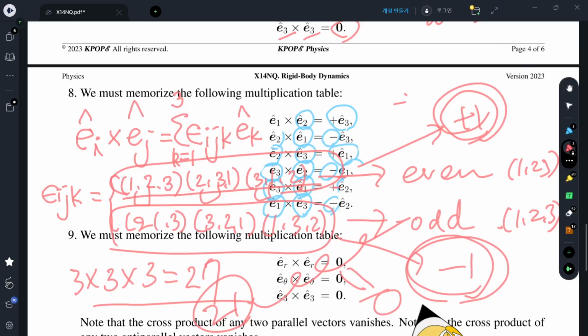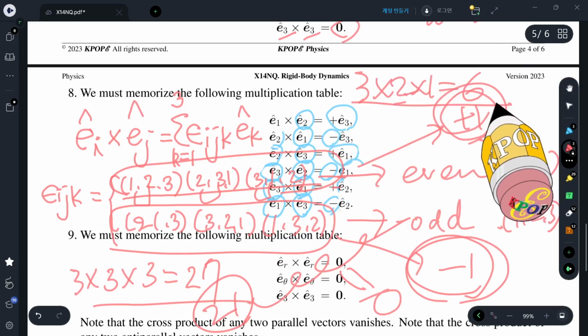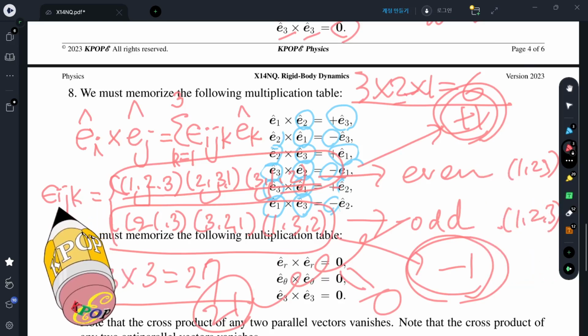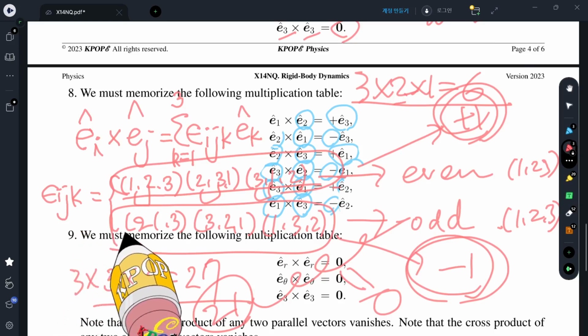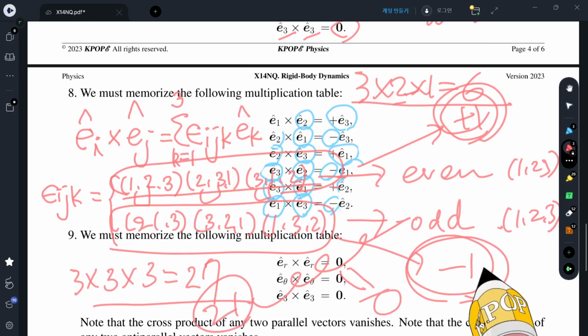Okay, so 3 times 2 times 1 is 6 permutations. Among the 6 permutations, we have 3 even permutations giving epsilon ijk equals +1, and 3 odd permutations giving epsilon ijk equals -1.